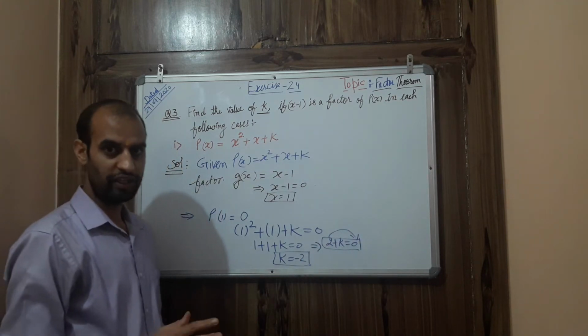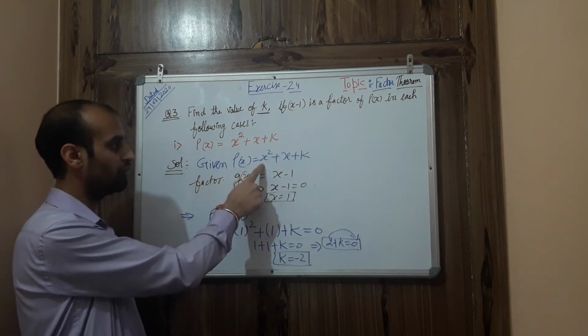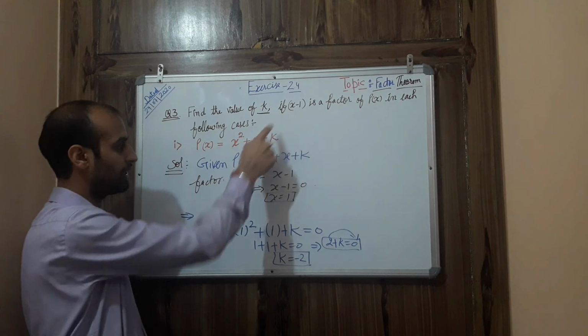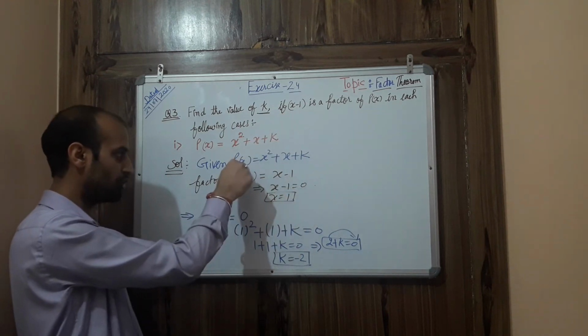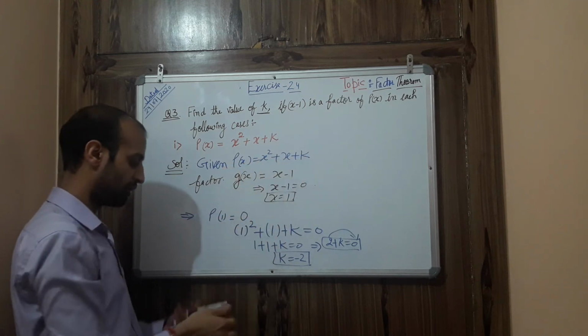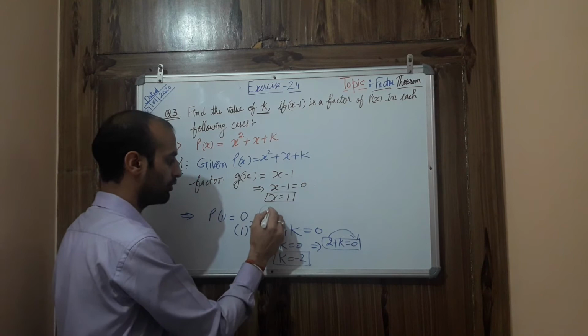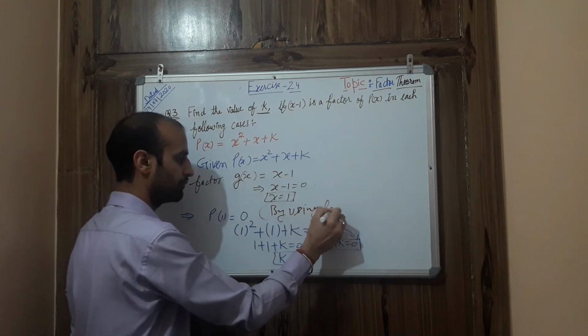So once again, see what I did. First write the question. Second, p(x) is given to you. This is a factor of this one. So if you calculate the x value from here and substitute it, you will get the answer 0 by definition, or by using the factor theorem.